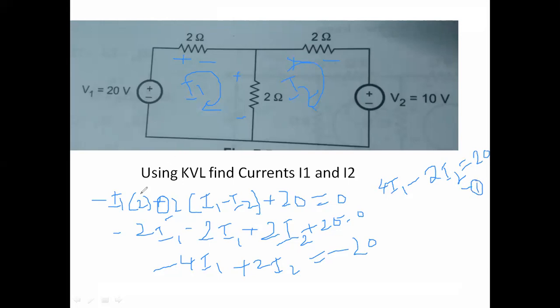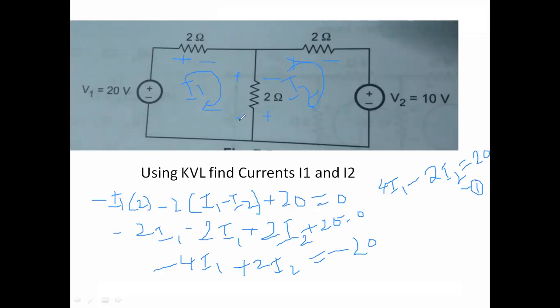Similarly we can write the second equation. Do you get this one or understand this one? From this point, this is the negative: minus of I1 into 2 ohms.